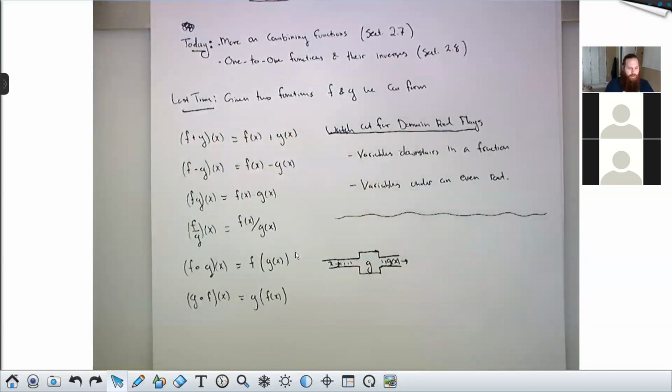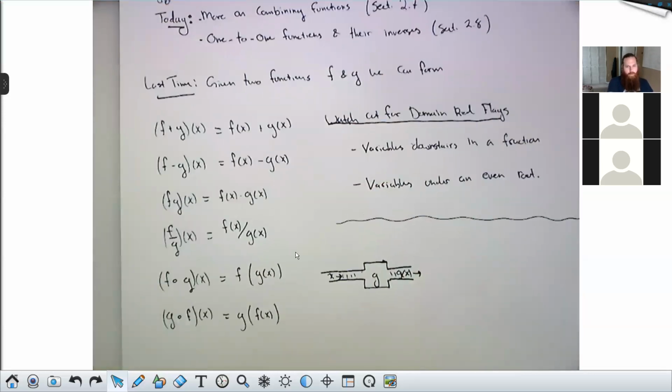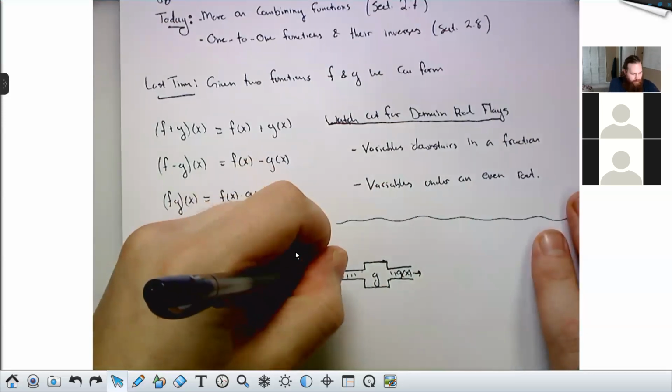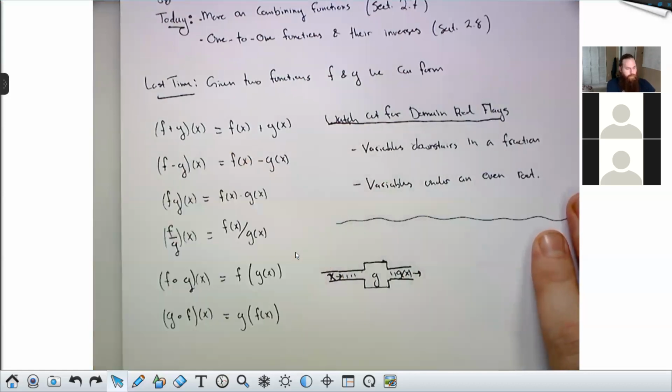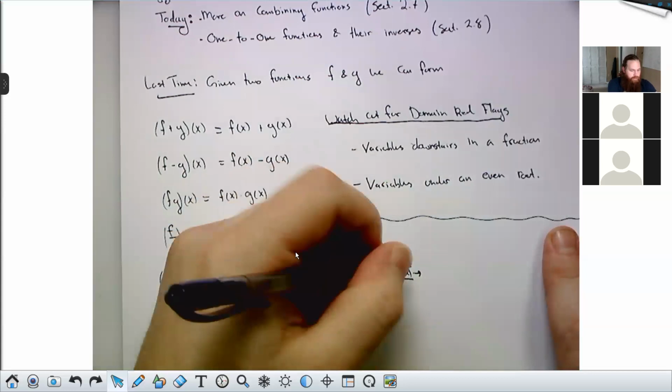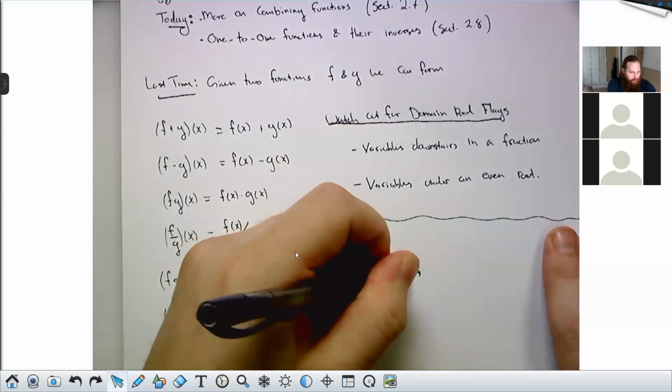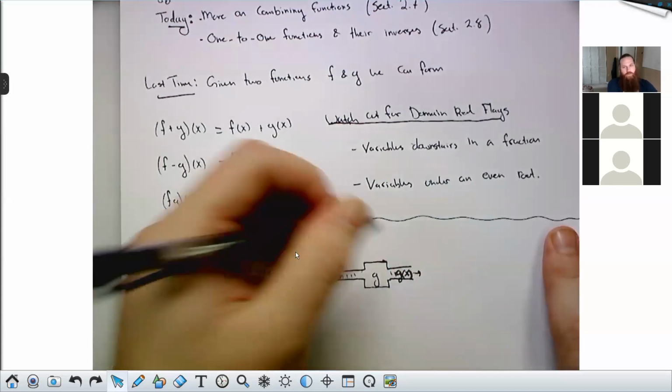You've probably seen this diagram before, right? It's a common tool in algebra classes when we describe just exactly what a function is. It's a machine that takes in x's and then spits out some modified form of that, which we call g of x.